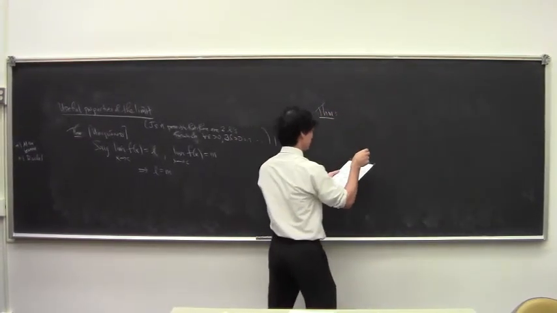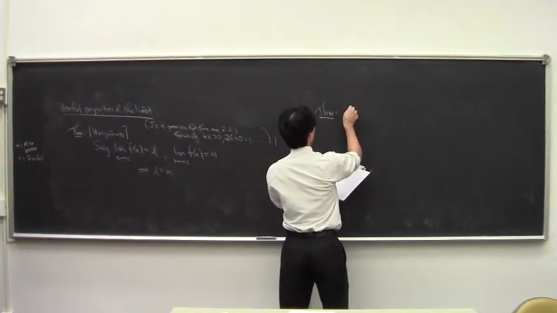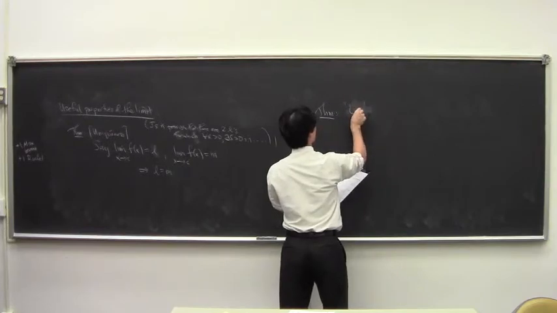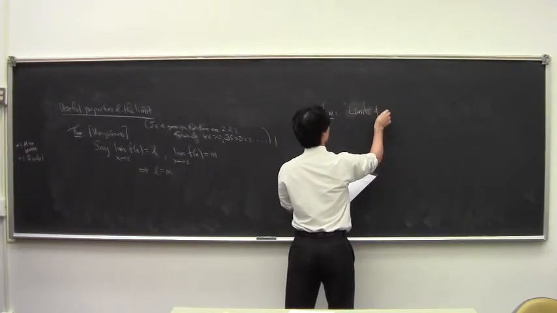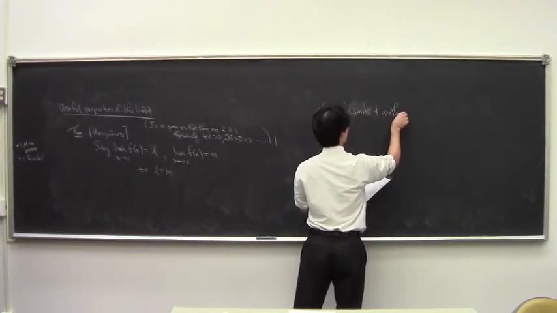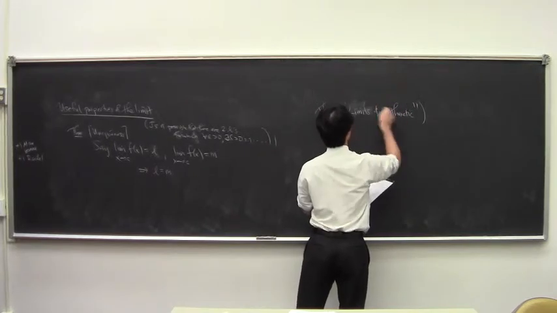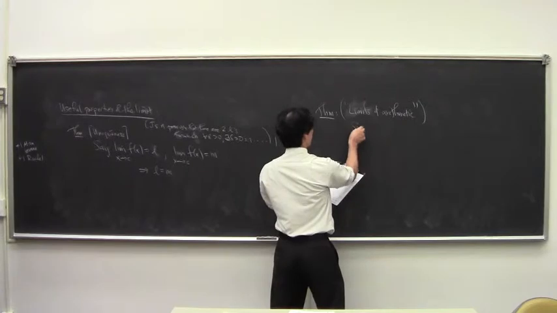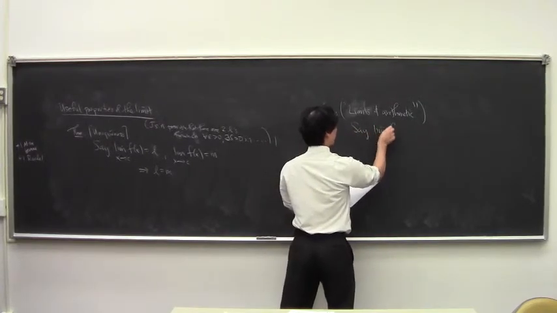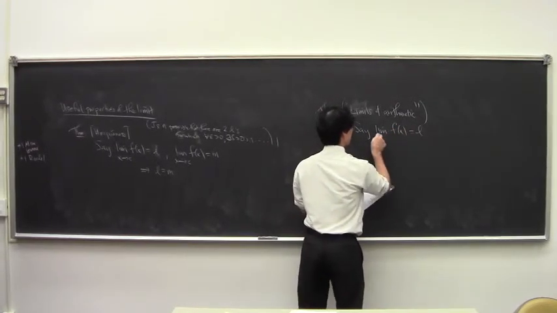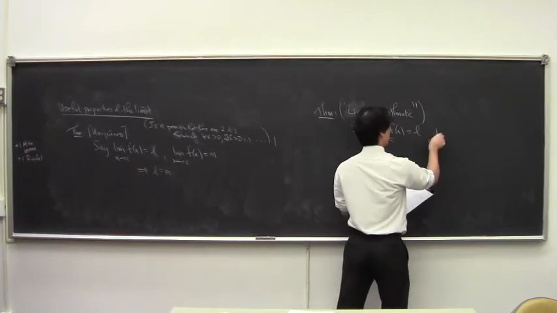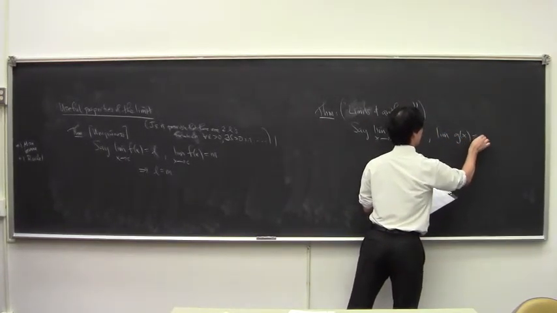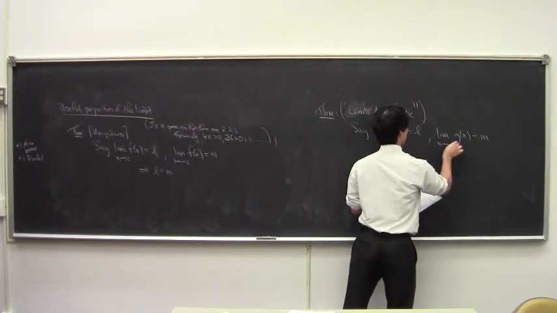Another list of properties, which I'm going to call limits and arithmetic. Suppose you have one function f whose limit is L as you approach a point, and you have another function, g, whose limit is M as you approach the same point.